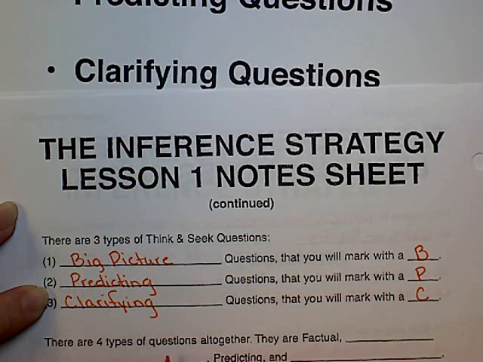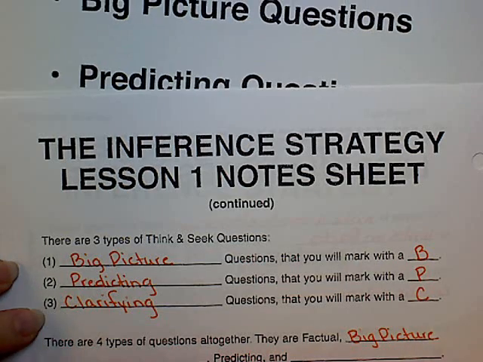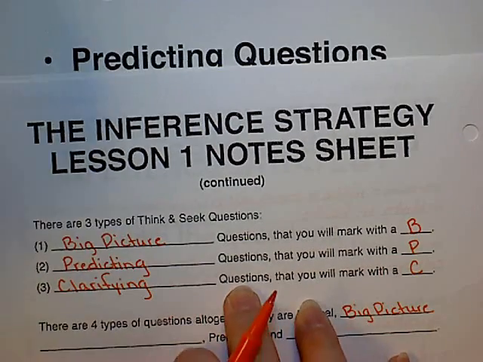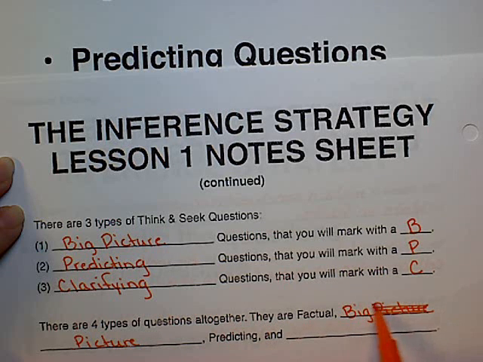So there are 4 types of questions altogether. They are factual, big picture, or if you are a bigger writer, you could put big and then put picture right here if you want. That'll work too. Big picture, predicting, and clarifying.